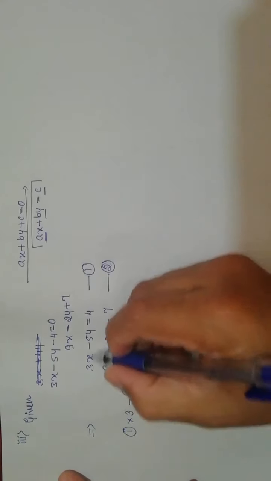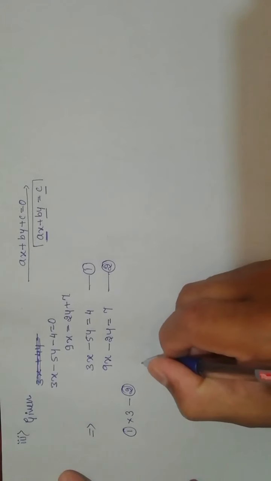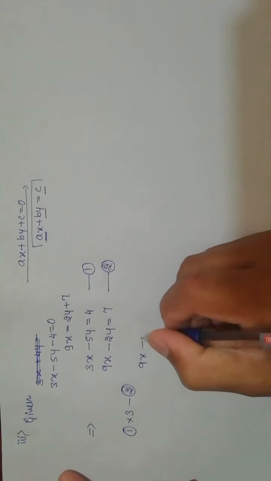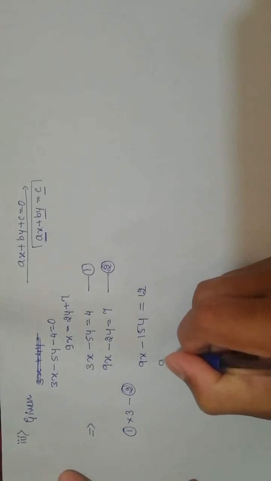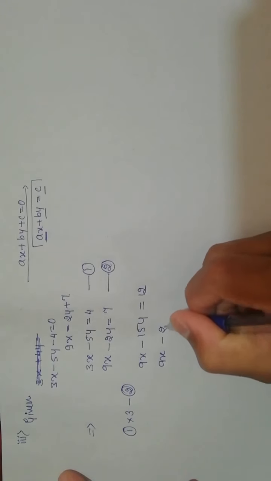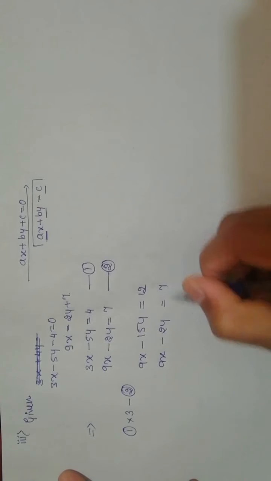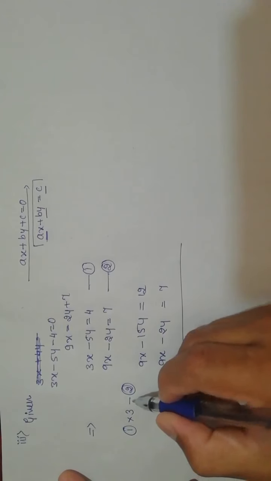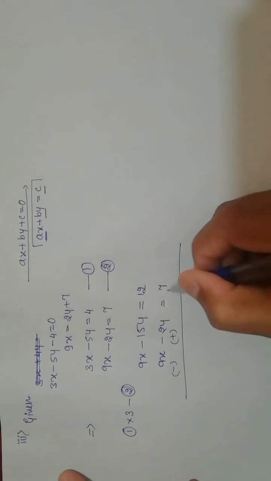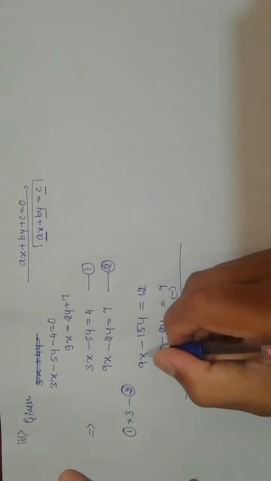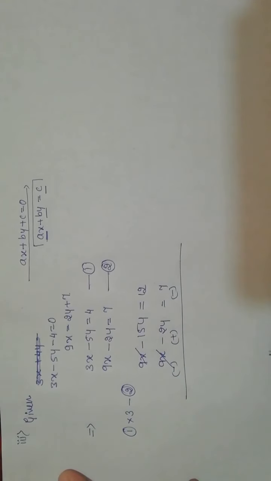Now if you multiply equation number 1 by 3, it will become 9x minus 3 into 5, 15y, and 3 into 4, 12. Equation 2 as it is: 9x minus 2y is equal to 7. Now it is subtraction, so change the sign here: minus will become plus, and plus will become minus. So plus 9x and minus 9x get cancelled.